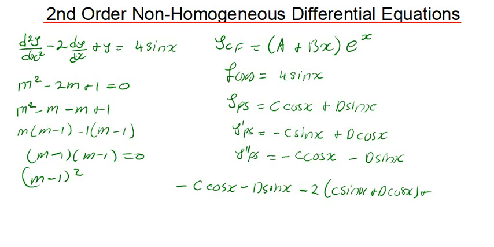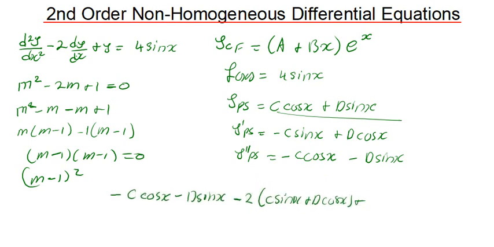What was our y? Our y is just c cos x plus d sine x. This is equated to 4 sine x.